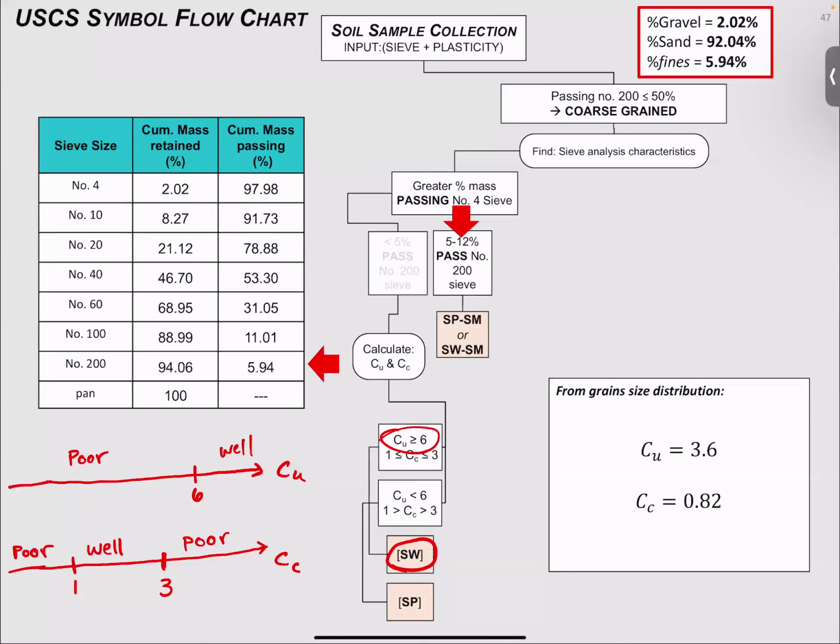And the way these numbers work is you should always have both of these going on at the same time. So if your CU is greater than 6, then most of the time the CC should be very close to between 1 and 3. It's just the way the math works out with those two numbers. Now, it might not always be a perfect match. That's why we have these two thresholds. It depends on the sieves that you use that actually produce that curve.